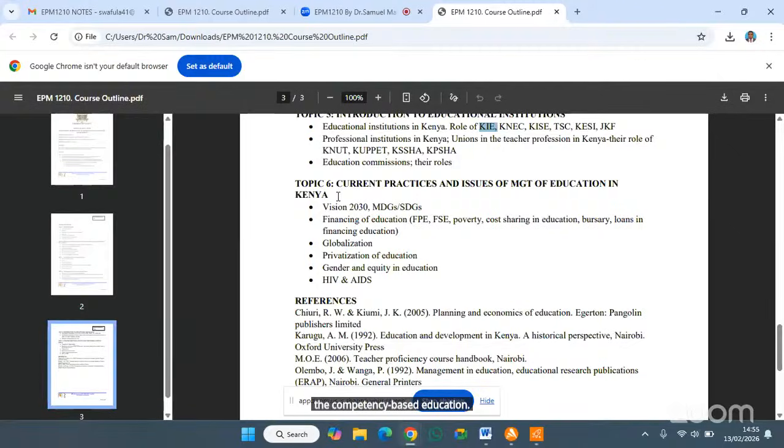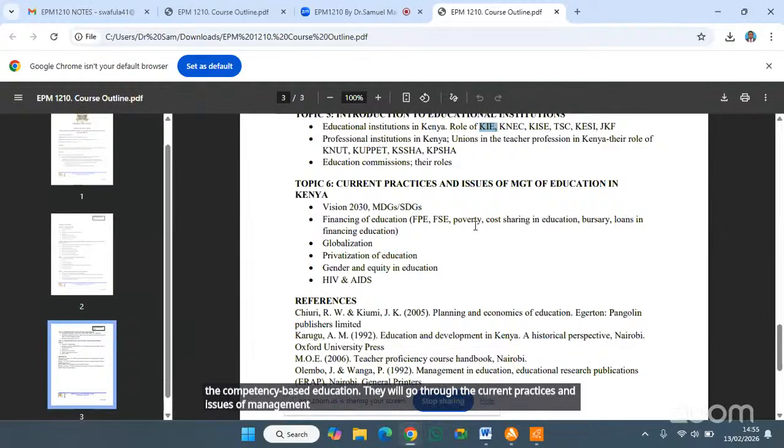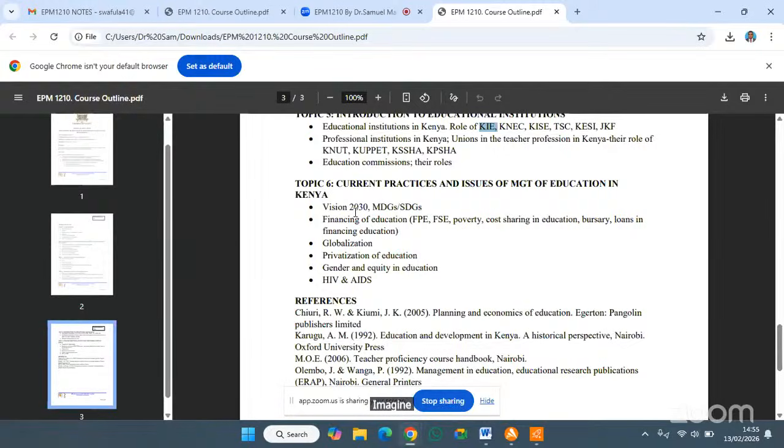Then we'll go through the current practices and issues of management of education in Kenya, matters that are contemporary and emerging, like Vision 2030, the Sustainable Development Goals, aspects of financing of education, issues to do with globalization, privatization of education, gender and equity in education, HIV and AIDS.